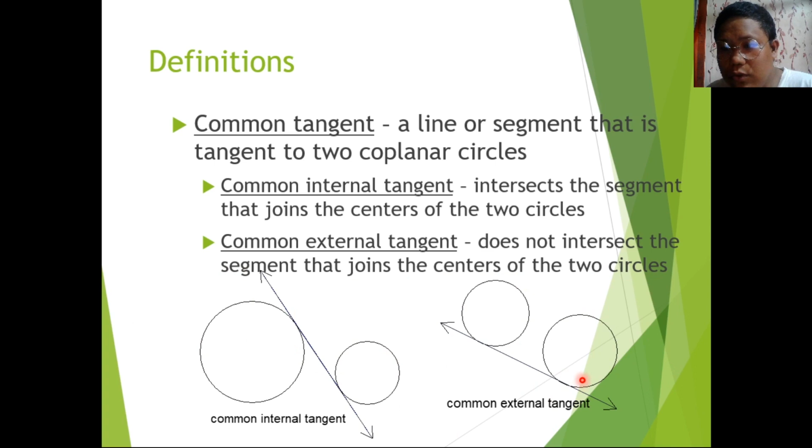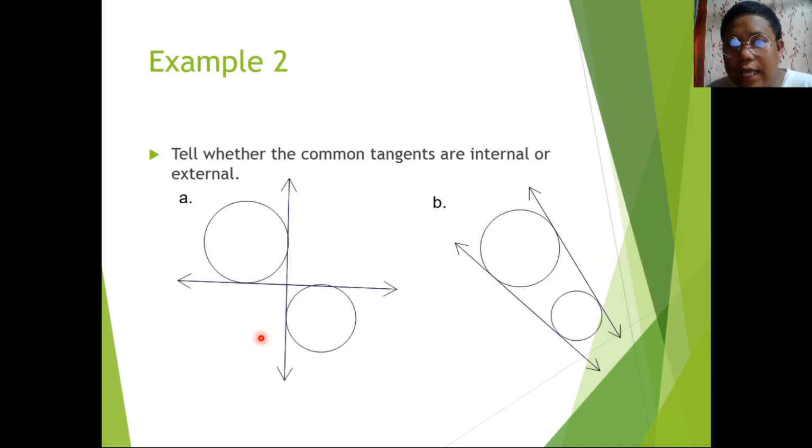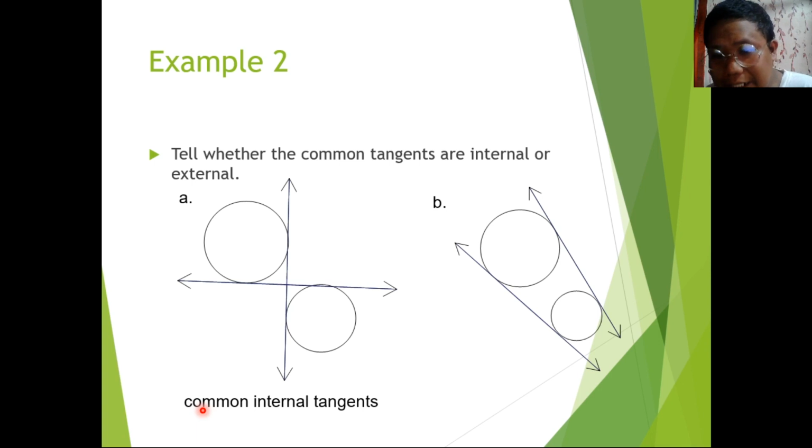So, these two are called common tangents. Tell whether the common tangents are internal or external. For the first one, that is common internal tangents. While the second one is a common external tangent.